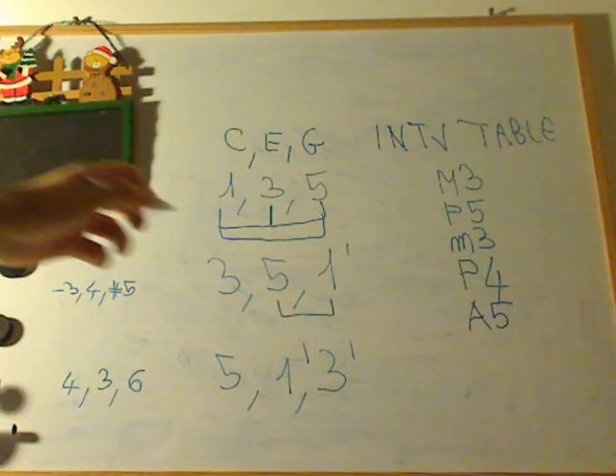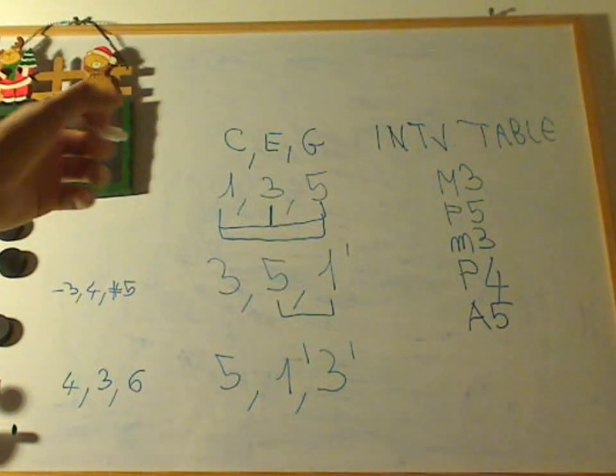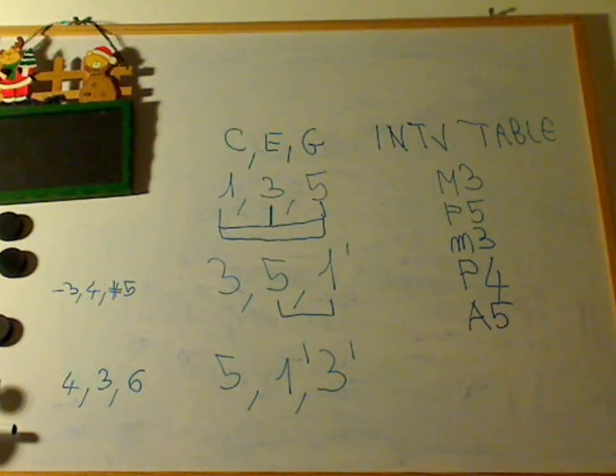As you can see, I must switch to the inversion to obtain the other interval constituting the chord, because the root position by itself can't be exhaustive in all intervals generated.